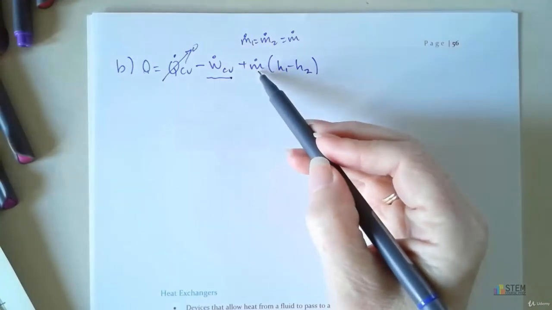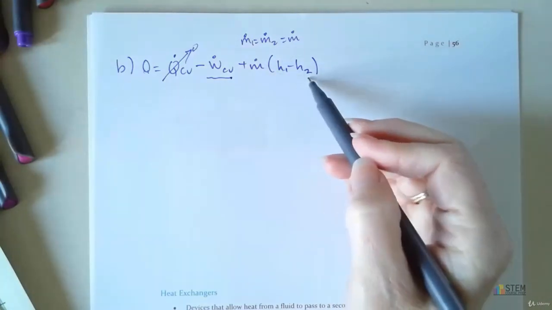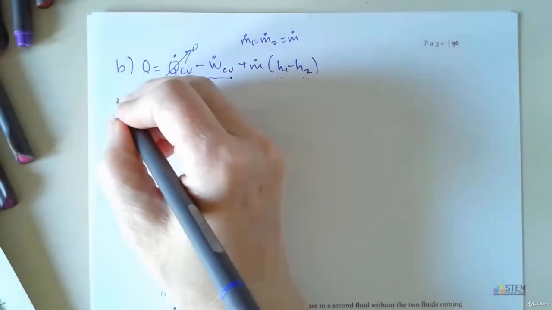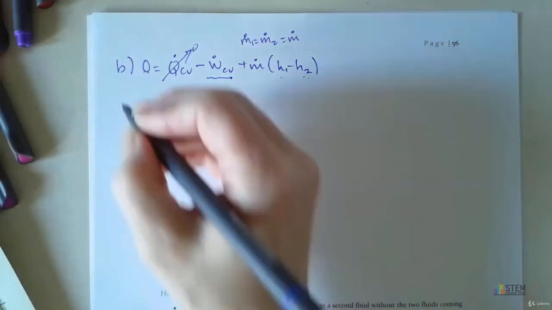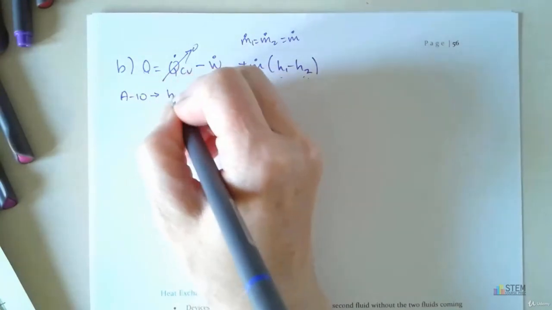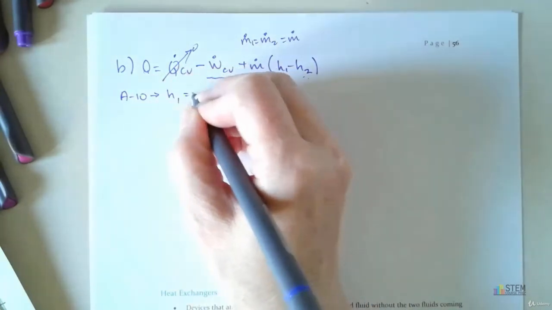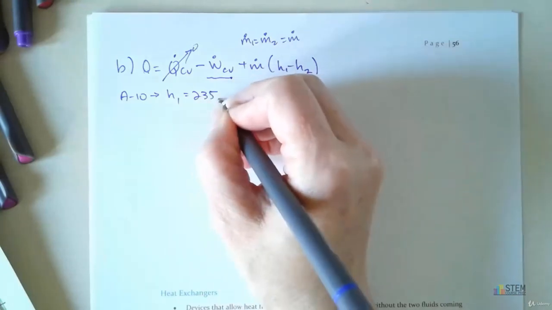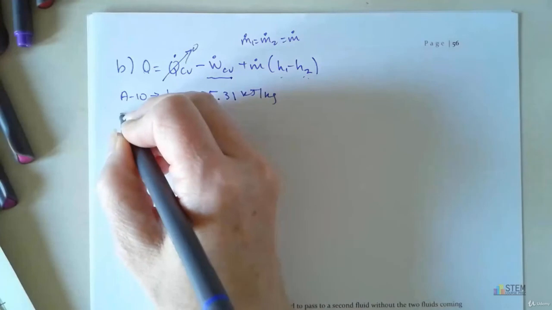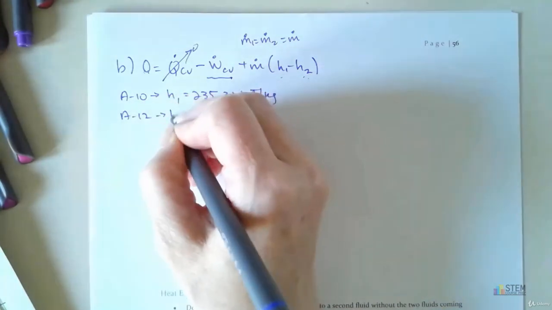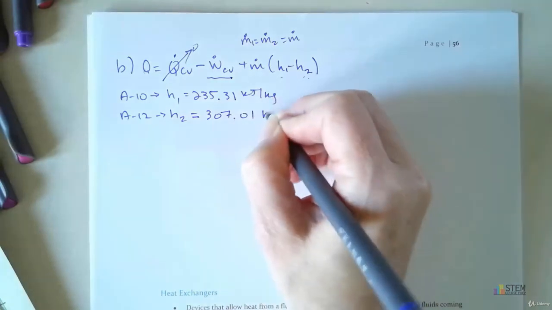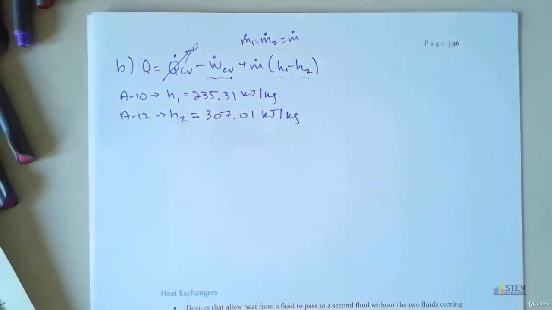We know what M dot is. We need to find H1, H2. These are going to come from the tables. You're going to use the same tables we used to find specific volume. So A10 will be used to find H1. So that will be 235.31 kilojoules per kilogram. Table A12 will give you H2, which is 307.01 kilojoules per kilogram.